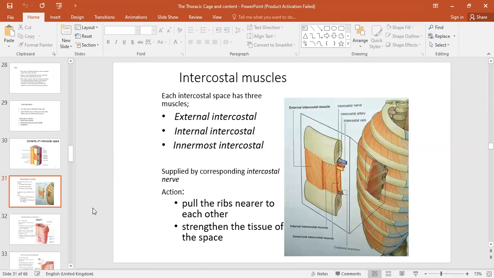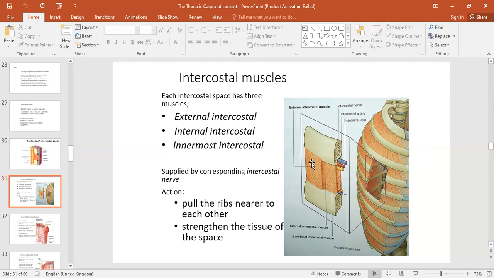We begin with the external one. So external intercostal muscle. How are the muscle fibers oriented? Here we can see clearly, this is external intercostal muscle. These muscles have an origin and attachment, like any other skeletal muscle in the body.